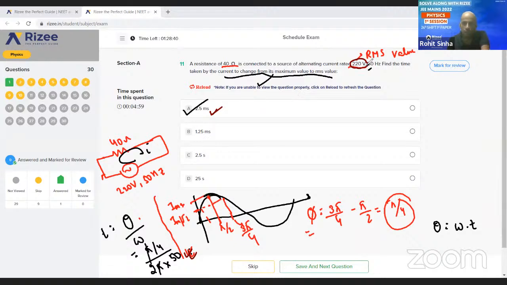We know the conversion formula: RMS value is equal to the peak value by √2. That we know. I should go through this type of numerical from this chapter also. Okay, now let's move further and see the next question.